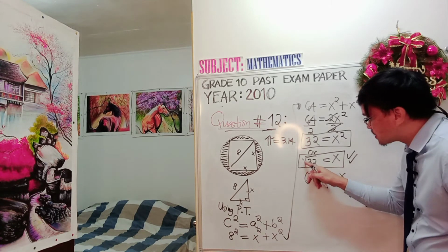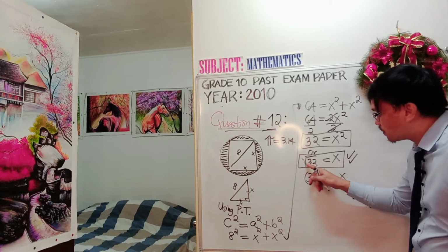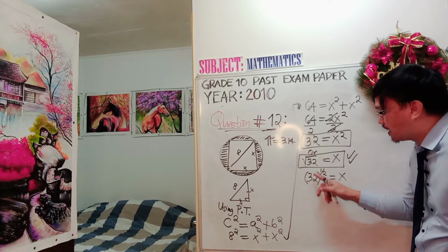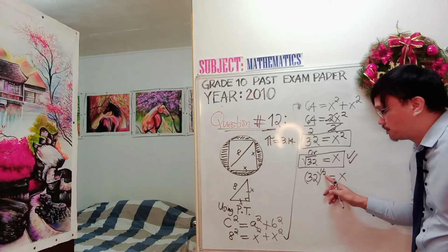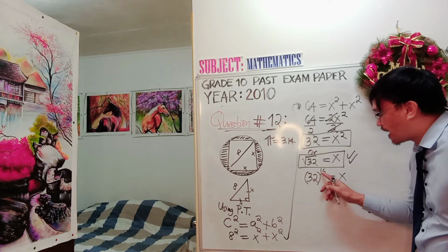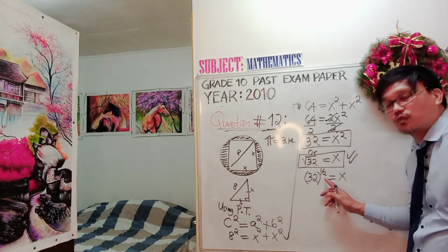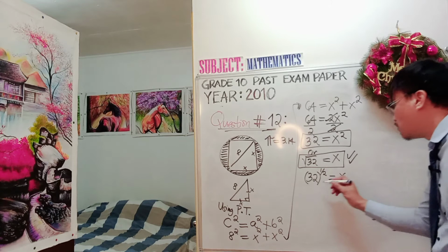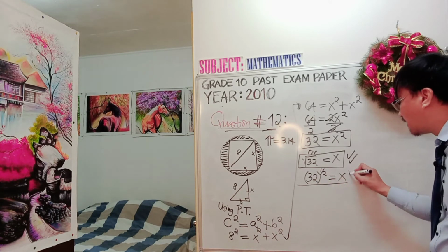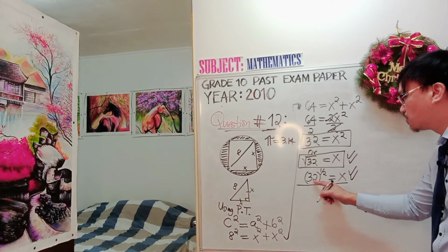The square root sign means that when this value 32 is expressed in index form, it will become 32 to the power of 1/2. Square root means 1/2.